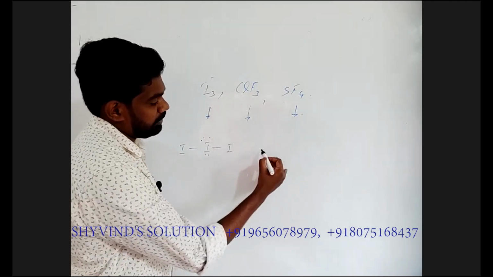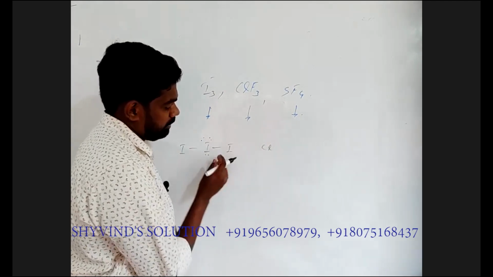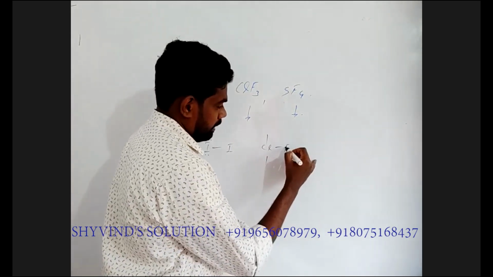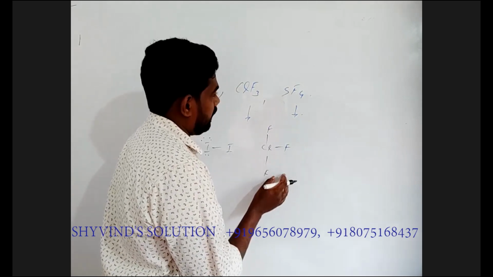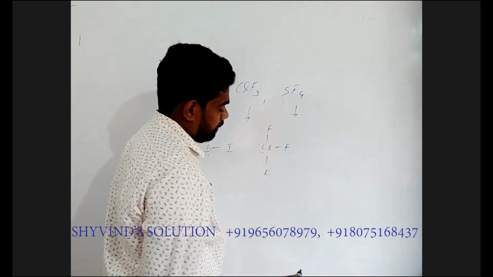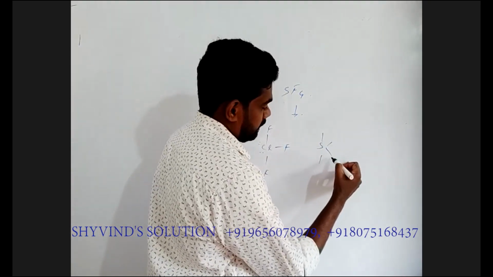ClF3, we have chlorine. We have the same situation here. This is the Lewis structure of ClF3. We have 7 electrons for chlorine, so 3 bond pairs and 2 lone pairs. What about SF4? SF4 has a seesaw structure.